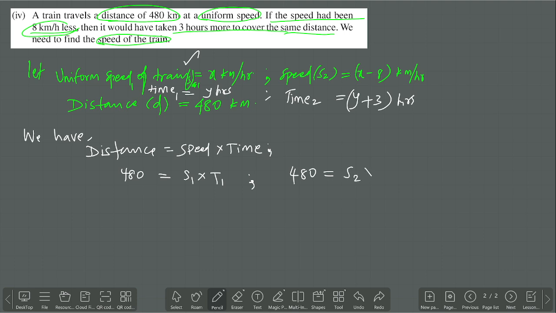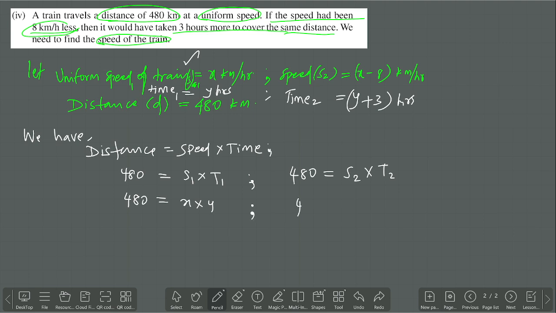Then speed 2 into time 2. If you use speed 2, time 2, same distance. If you use speed 1, time 1, same distance. Do you understand this? Now 480 is equal to speed 1, which is x, into time 1, y. Right.